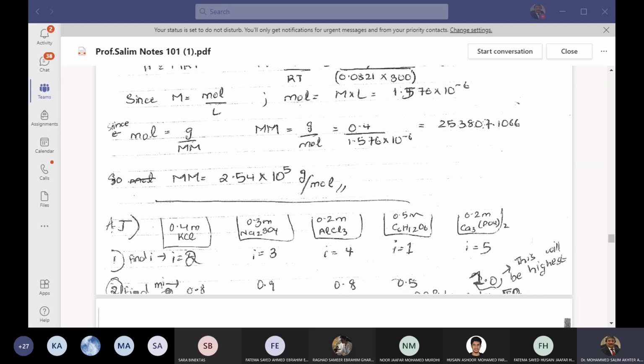M plus 3 times 35.45 equals 151.5. 35.45 multiplied by 3 is 106.35.